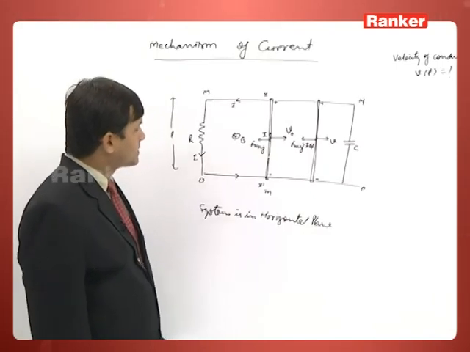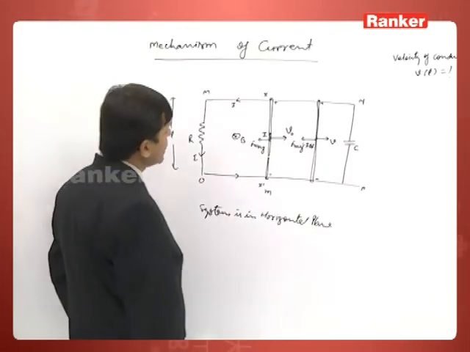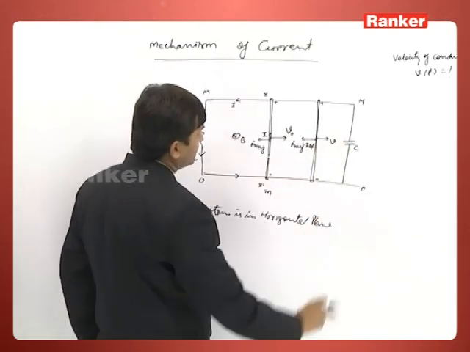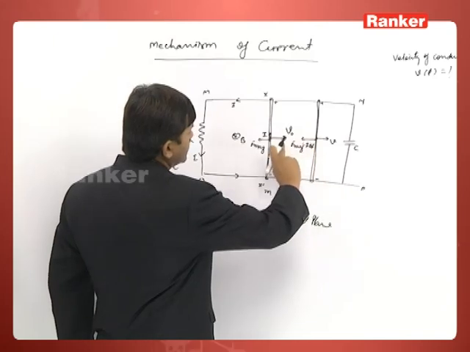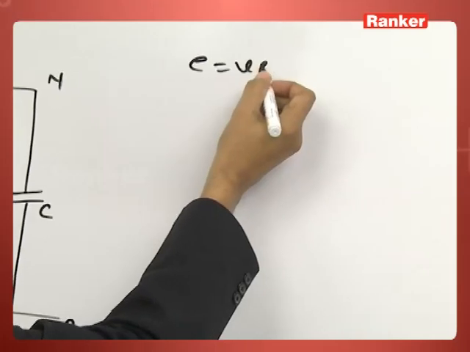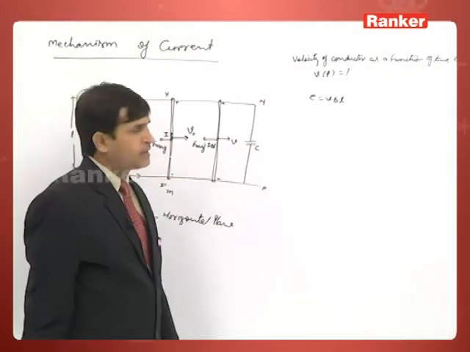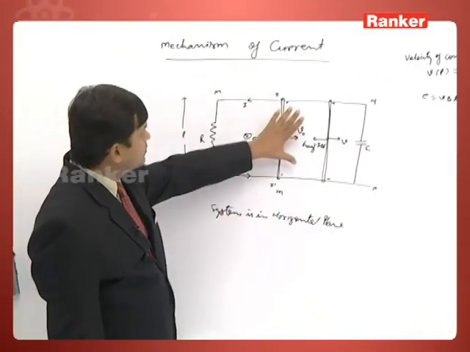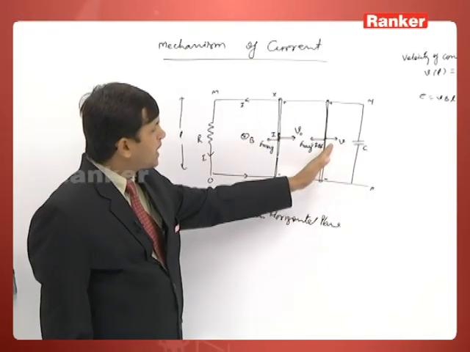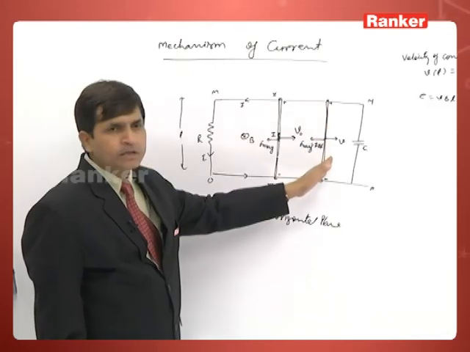See, in that case the induced EMF in the loop is E equal to VBL. So what I observe, C is in parallel with the EMF source.